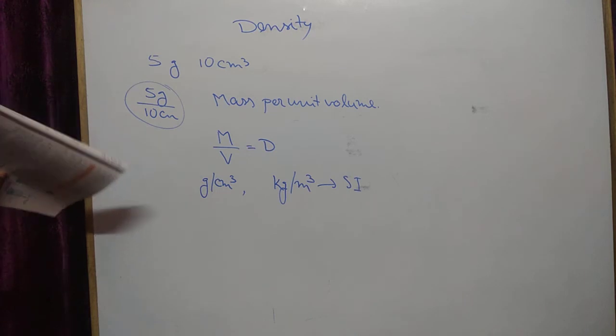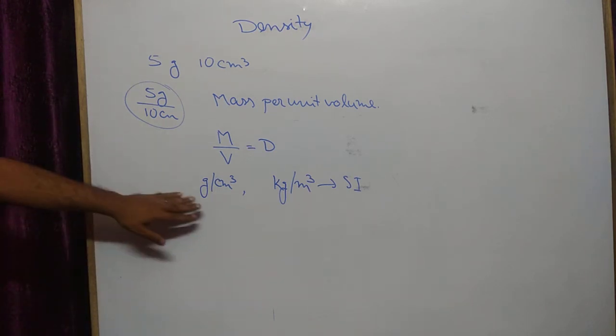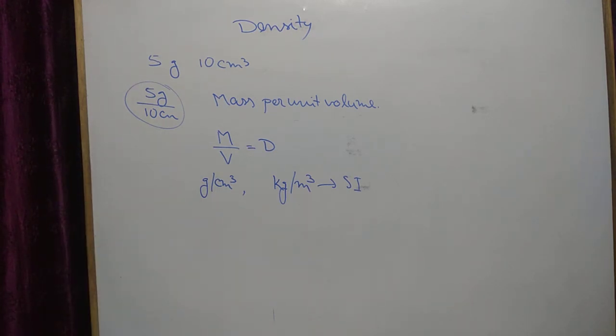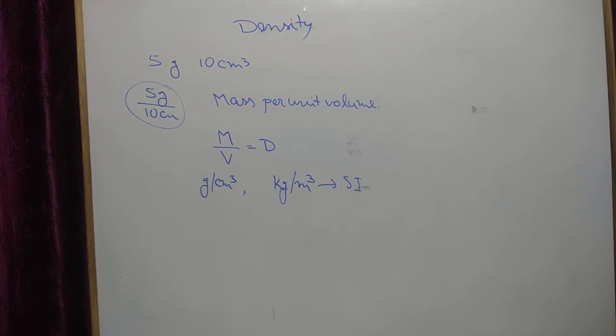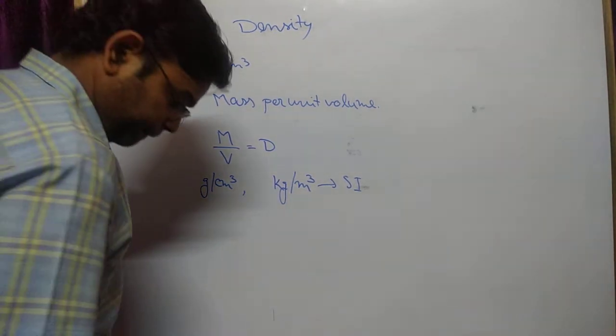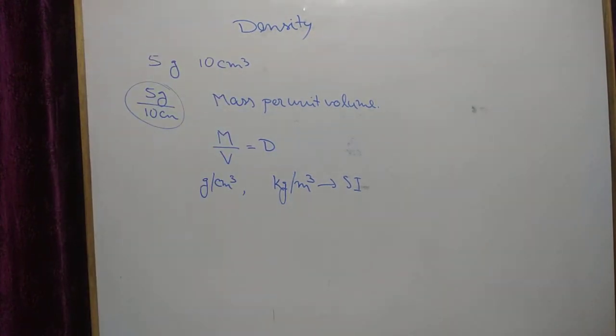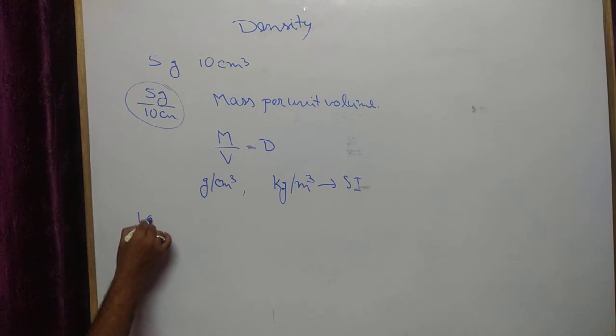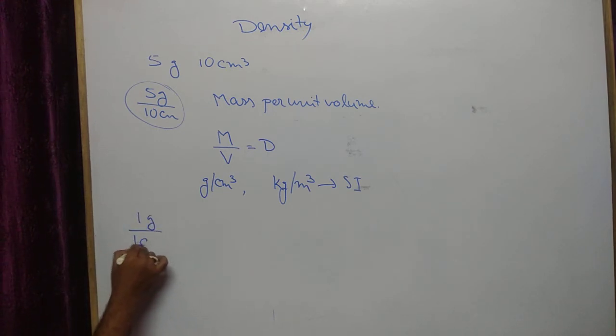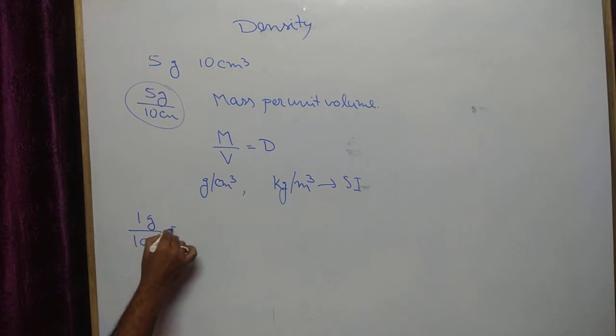And then how do we convert CGS into SI? It's easiest for us, as we know that in CGS density is 1 gram by 1 centimeter cube.